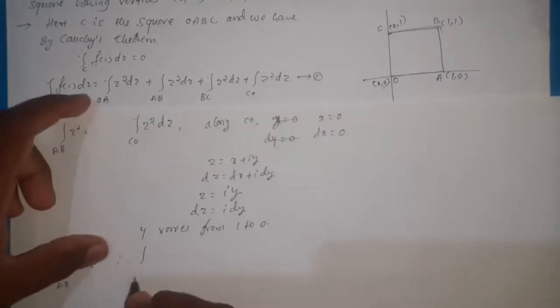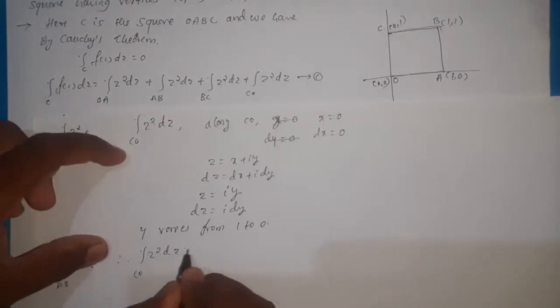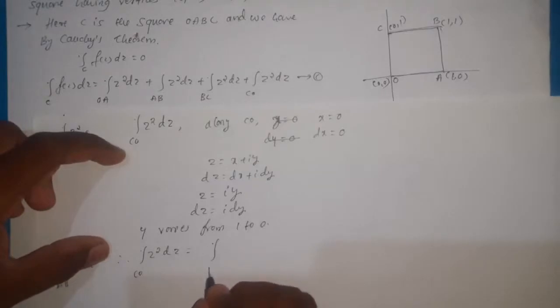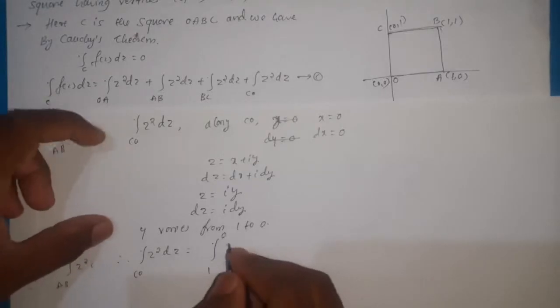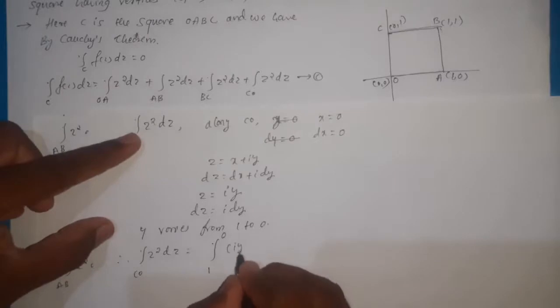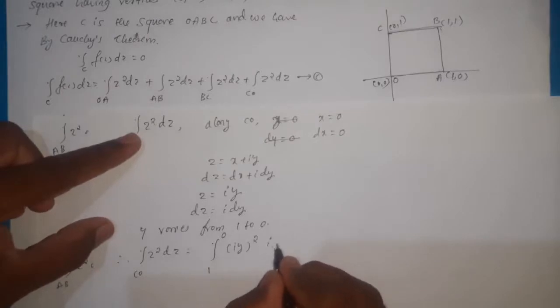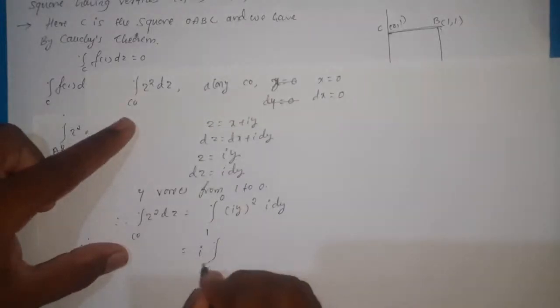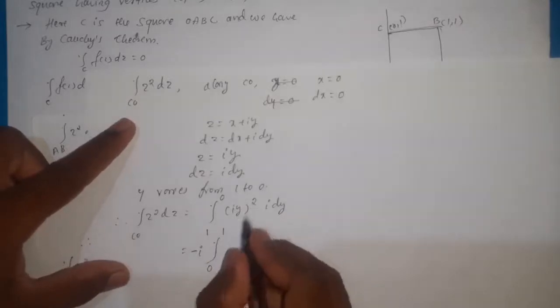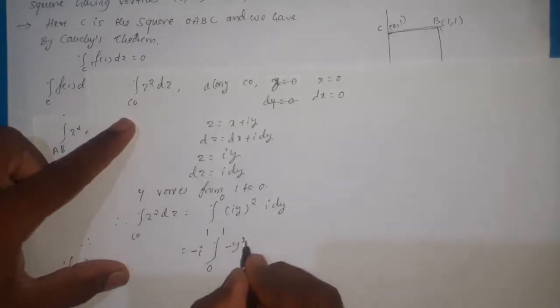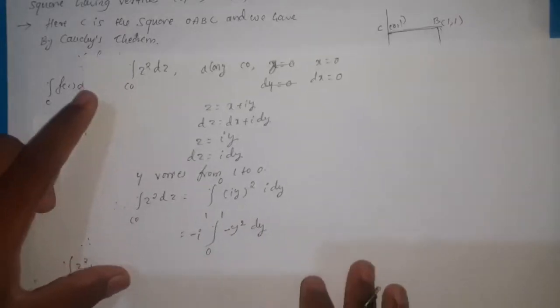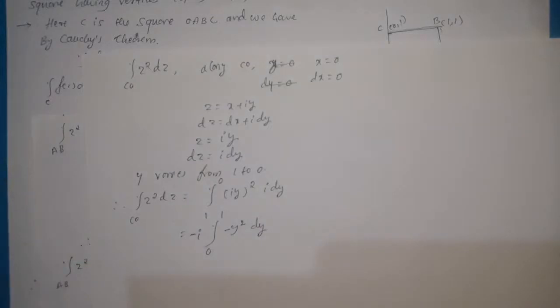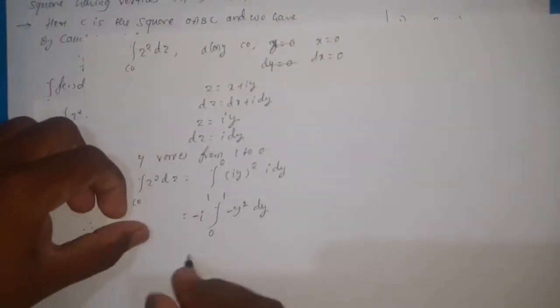So therefore integration over CO z square dz equal to integration over 1 to 0. Then here z is iy whole square and I dy. So here I is constant, taking it outside. Then let us change the limits as 0 to 1, then the integral becomes negative, and iy whole square is minus y square dy, because I square is minus 1, then now minus into minus becomes plus.